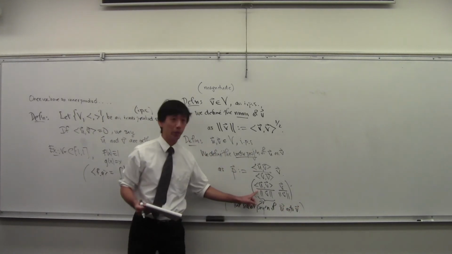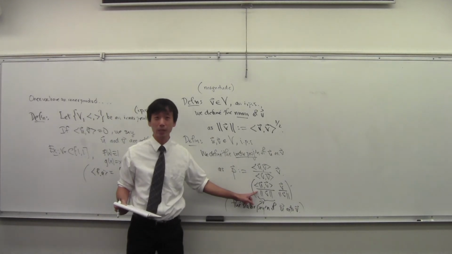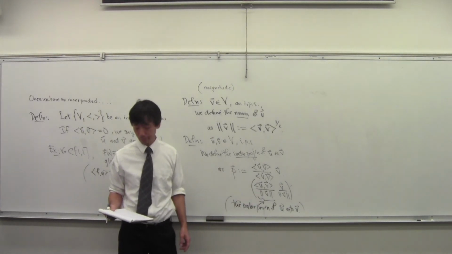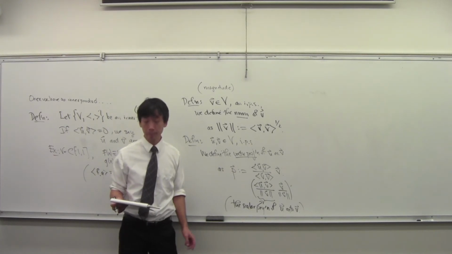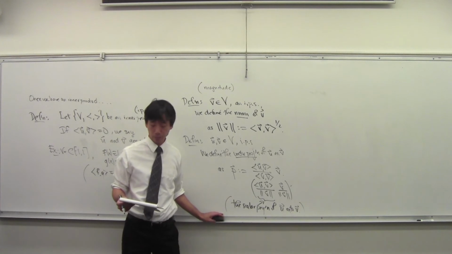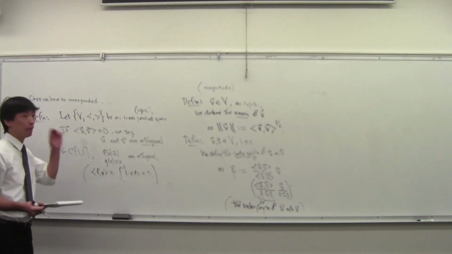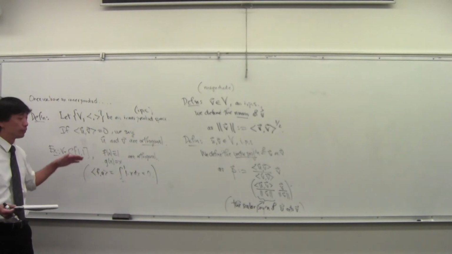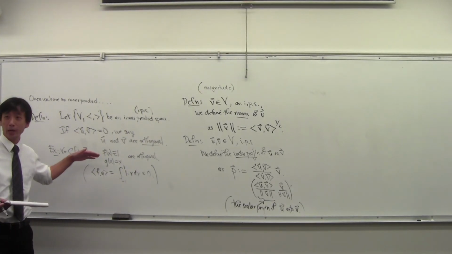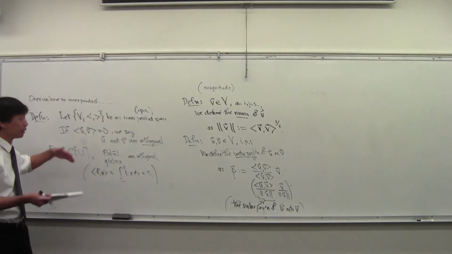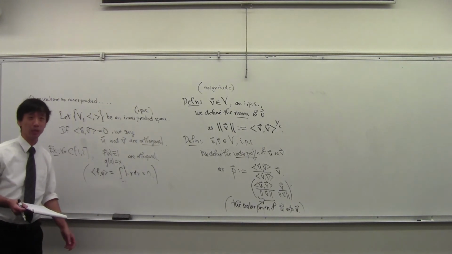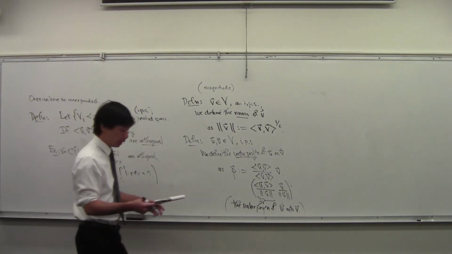So this number here, just like in Euclidean space, we call the scalar projection. So we're just taking our ideas from Euclidean space and extending them to inner product spaces.